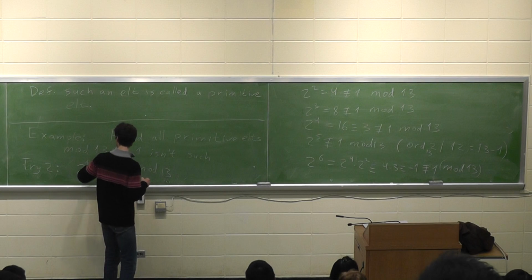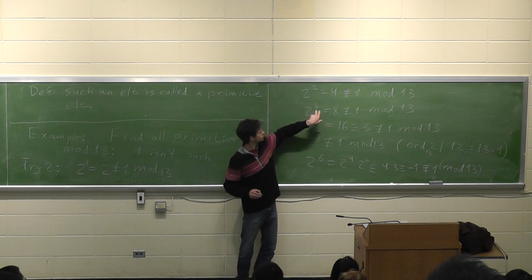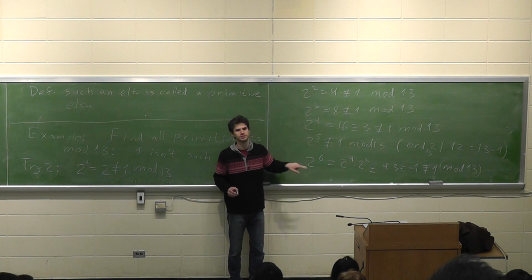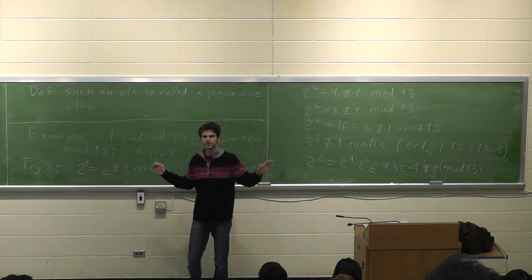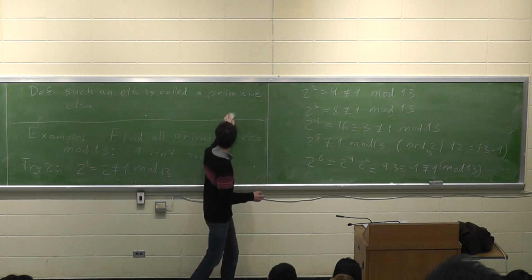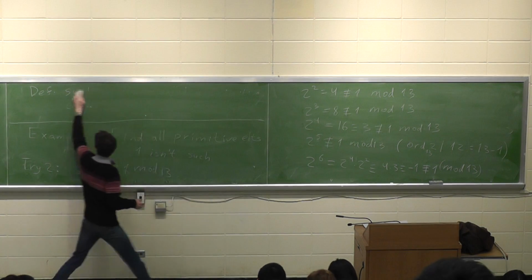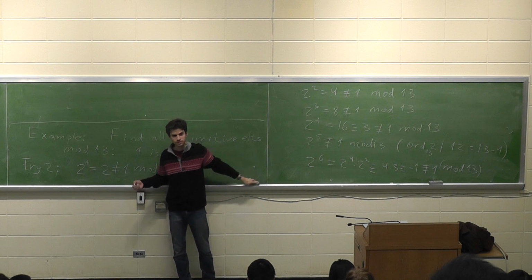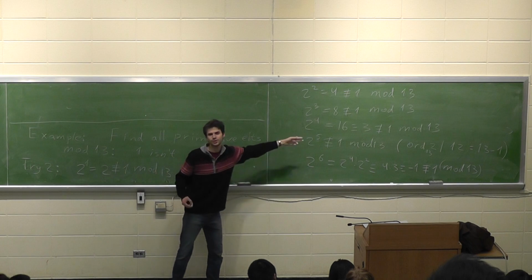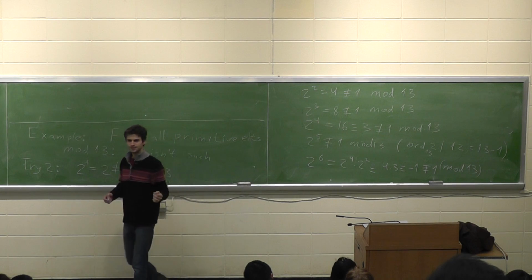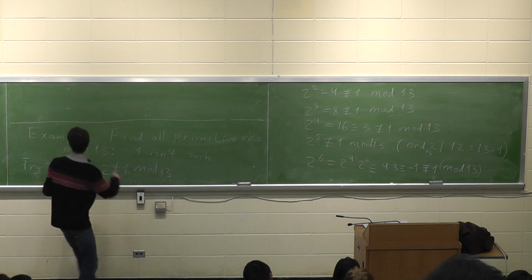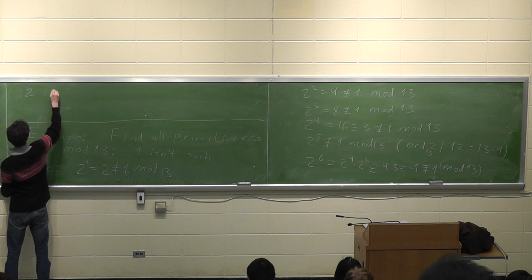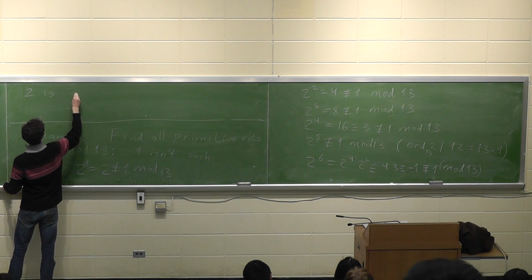We know that 1 doesn't work, 2 doesn't work, 3 doesn't work, 4 doesn't work, 6 doesn't work. That's it. It means 2 to the power 12 is equal to 1, just as Fermat's little theorem says, or minus 1 squared is equal to 1. So 2 is a primitive element.